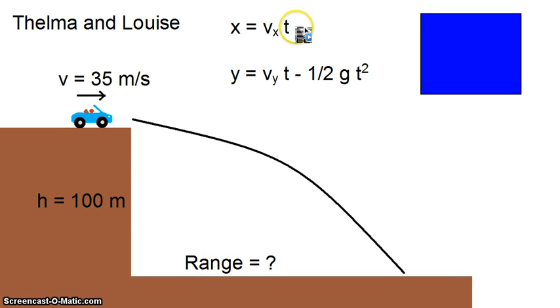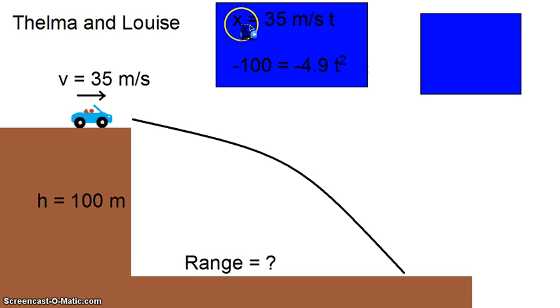Here again are our horizontal and vertical equations of motion. If I plug in the numbers I know, x I don't know, that's the range. It's equal to Vx, 35 meters per second, times the time it's going to be in the air, which I don't know either, so I cannot solve this first equation yet. For the y equation, y is negative 100 meters. I should have put the unit on there, I apologize.